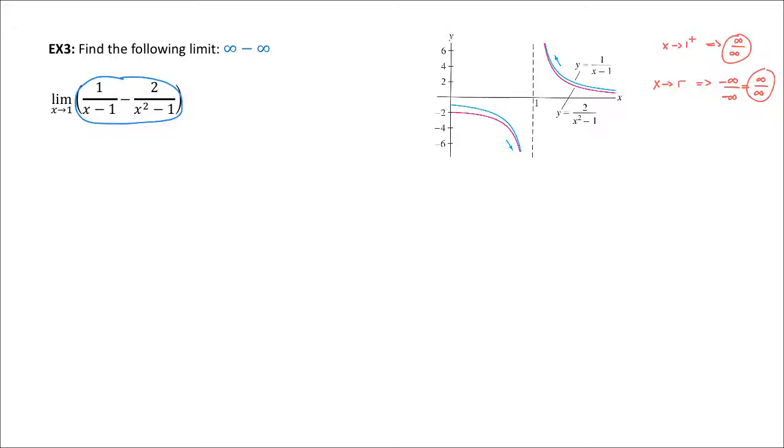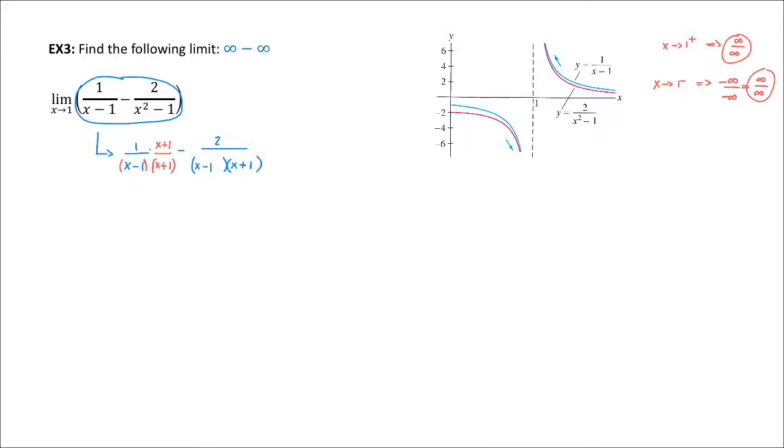Once we simplify the expression, we're going to come back and take the limit. So this expression right here, 1 over x minus 1 minus 2 over, I'm going to even factor the denominator, x minus 1 times x plus 1. And then what I want is a common denominator, so I know that I have to multiply top and bottom here by x plus 1.